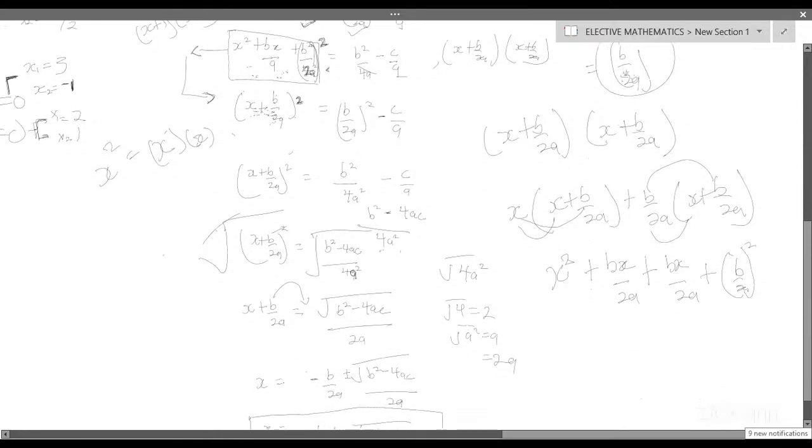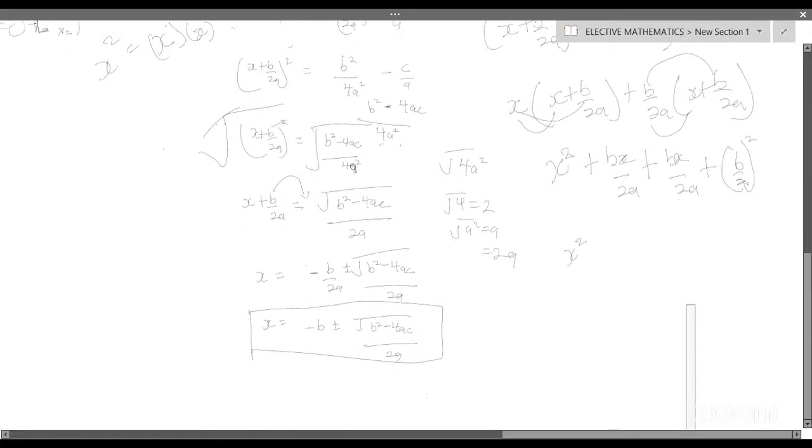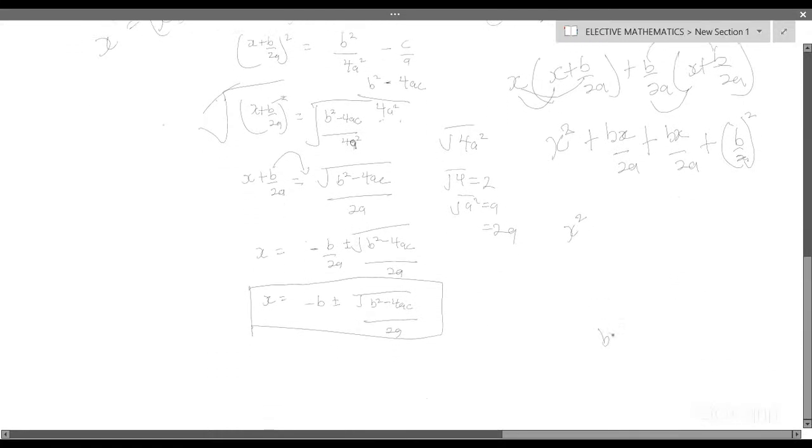Okay. So now, we have our x squared. Now, bx over 2a plus bx over 2a. This is simple addition. So let's come down here and do the addition. Bx over 2a plus bx over 2a. What will be the LCM? 2a. 2a will go into itself how many times? 1.